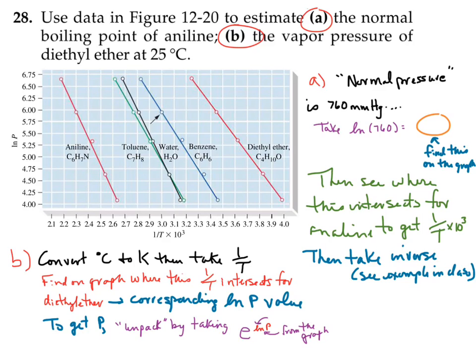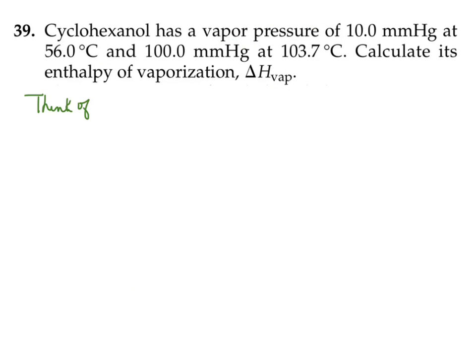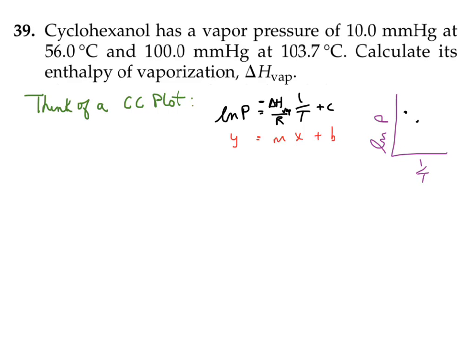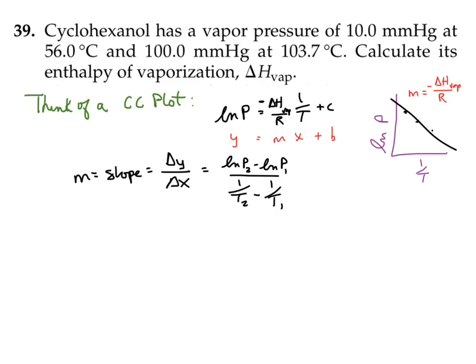The next one looks like this, where we're dealing with a cyclohexanol. And it's like the one we just did. Basically, they give you 2 data points, and this is like what we did here. So you're after the heat of vaporization. It looks icky, but it's really not too bad.